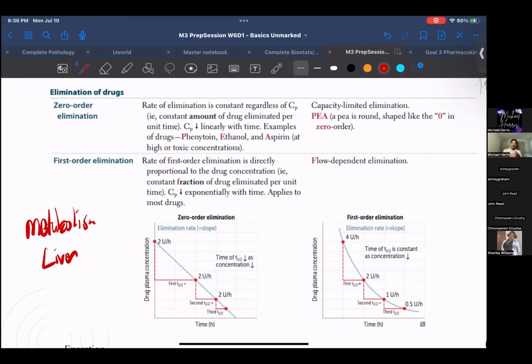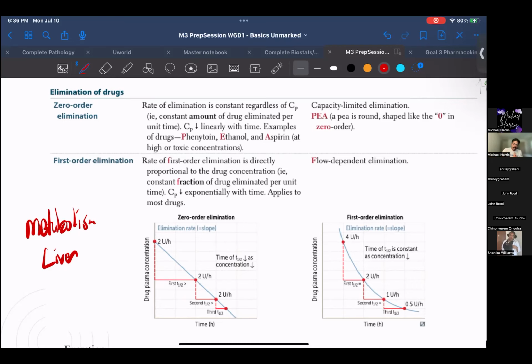Zero order essentially means the drug is not affected by concentration. The drug could be at as high a concentration as it wants, and no matter what, it will always be reduced by the same amount.